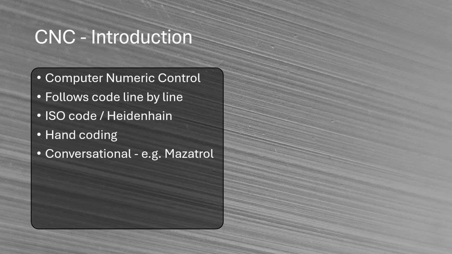There, instead of manually coding and saying exactly where the machine is supposed to go, the system essentially asks you a bunch of questions like, what's the diameter, what's the thickness, what's the contour, etc., and then it tries to figure out the rest on its own. But with a lot of these systems, and certainly Mazatrol, in the background it's really ISO code. It's running on ISO code. It's just creating a program for you in a really fancy way.